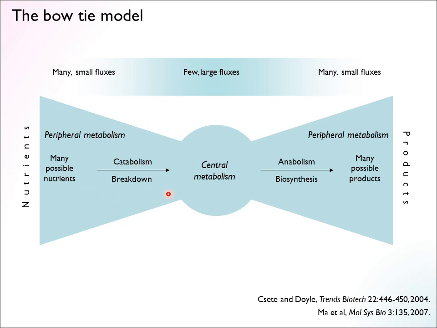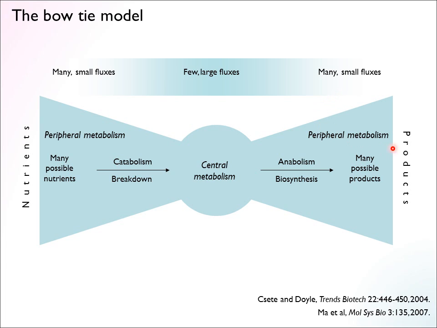And then when you get towards central metabolism, you get towards this part, you have now entered a few but central metabolites. And you will have a few central reactions, and the flux through these reactions will be quite large. So you will predict that things like the TCA cycle and glycolysis will have a lot of material flowing through them. Whereas something more specialized on this side, perhaps breaking down a particular type of glycoprotein or something, is not going to have a large flux.